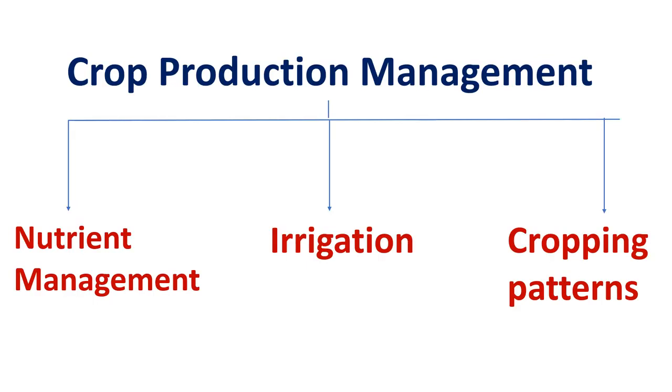So, let us study crop production management. Means what are those practices which are involved under this management of the crops? Basically, there are three practices involved under crop production management. What are those?